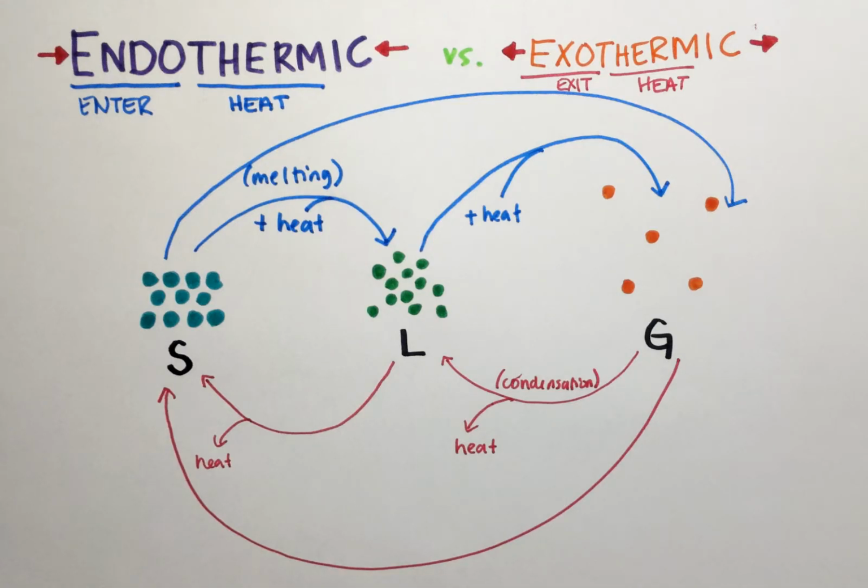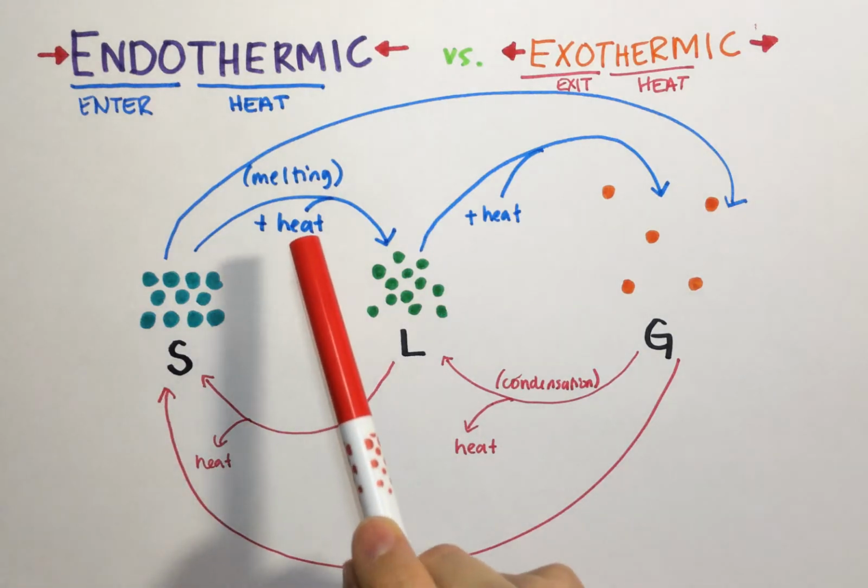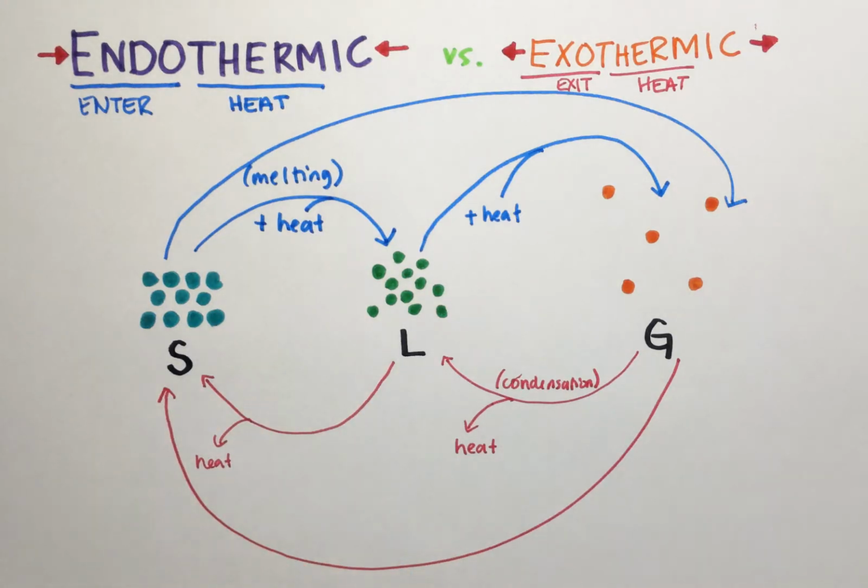If you think about heat flow, what you're going to notice, and the reason I chose the colors I did for these arrows, if heat is being put in, it has to be put in from some external source. Oftentimes that'll just be a hot plate or a burner or something, but you could imagine that heat coming from your hand.